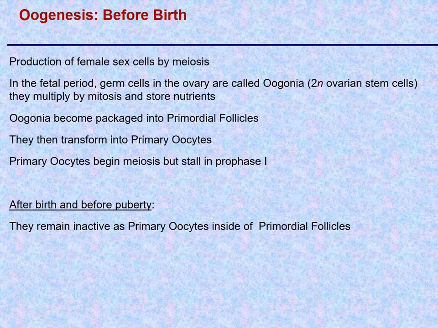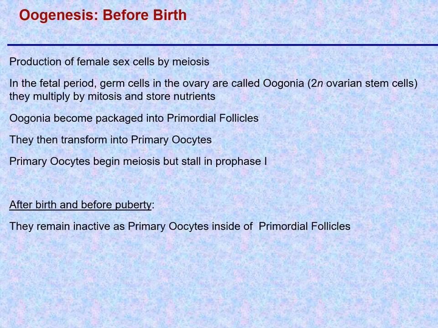In other words, they have two homologous copies of each chromosome, one derived from the father, one derived from the mother. And these are ovarian stem cells, essentially, and they multiply by mitosis and store up nutrients. And they are packaged inside the ovaries into what are called primordial follicles.